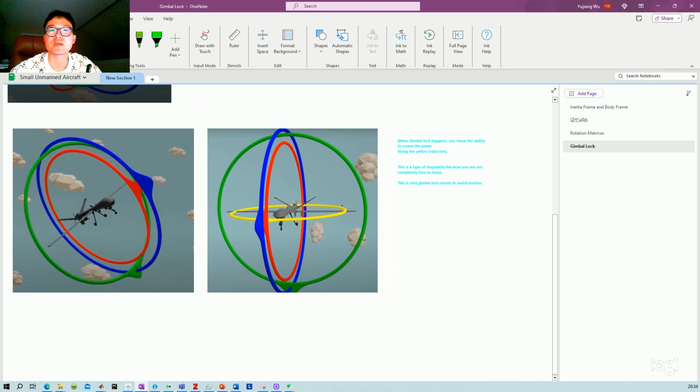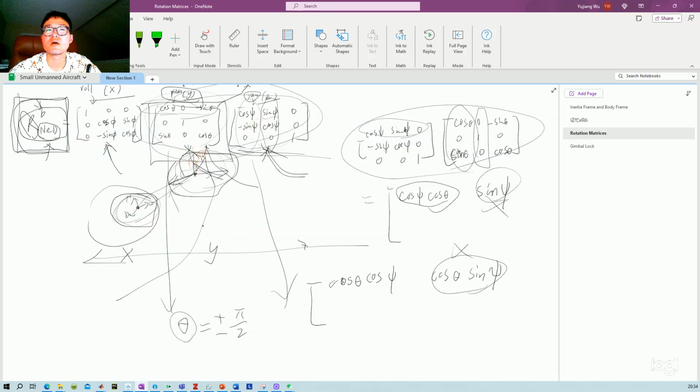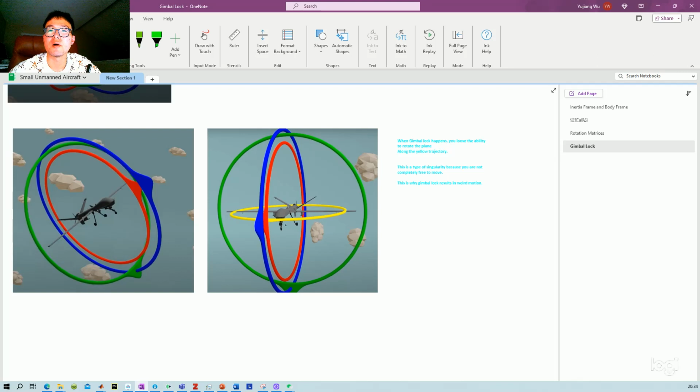Essentially, what happens is when theta equals 90 degrees, the rotation on this plane and the rotation on this one fall into the same plane, so in this case those two rotations are essentially doing the same thing, so you cannot move the plane in this yellow circle.